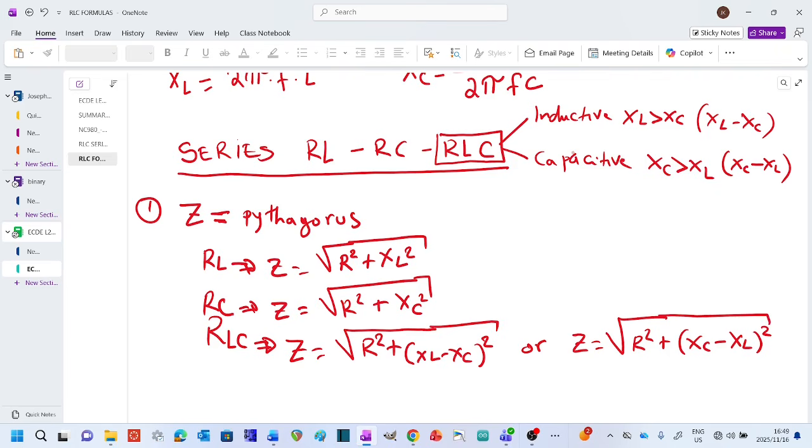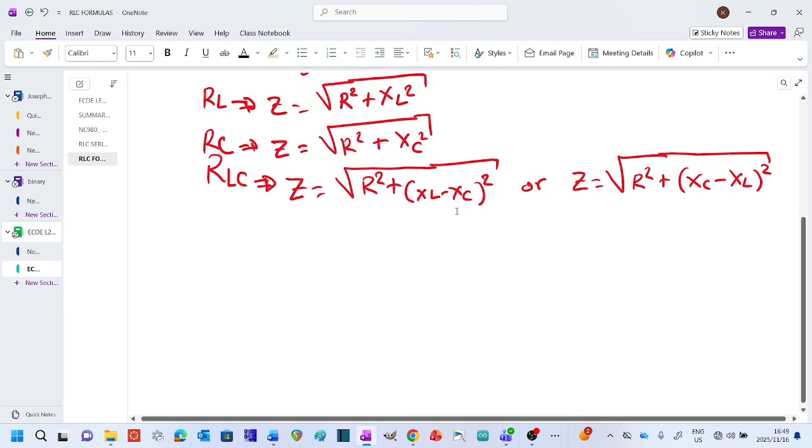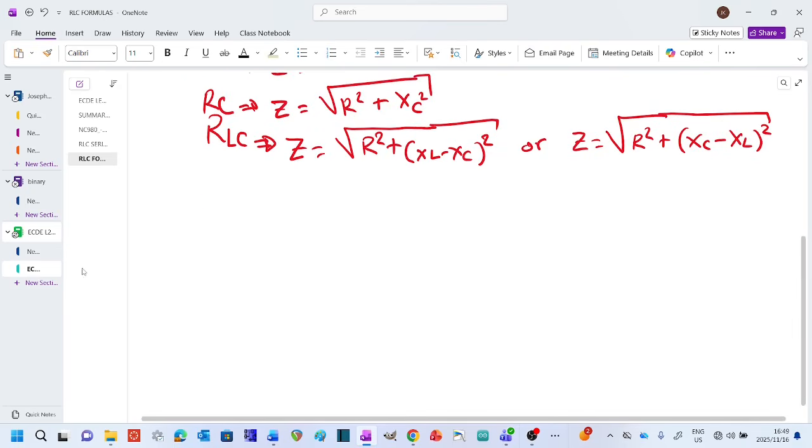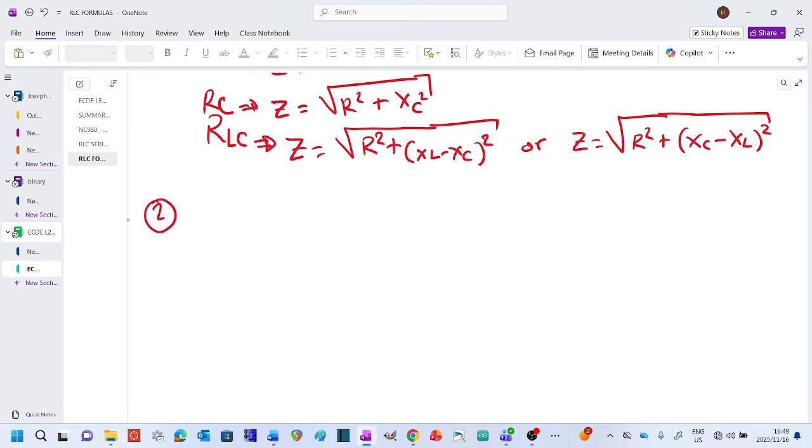So the next thing you want to know, they would ask you to calculate the current. So for current, apply simple Ohm's law, because obviously you are dealing with a problem where they've given you the voltage, the applied voltage.